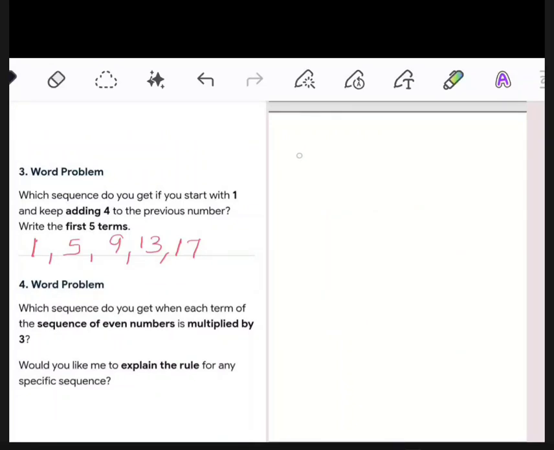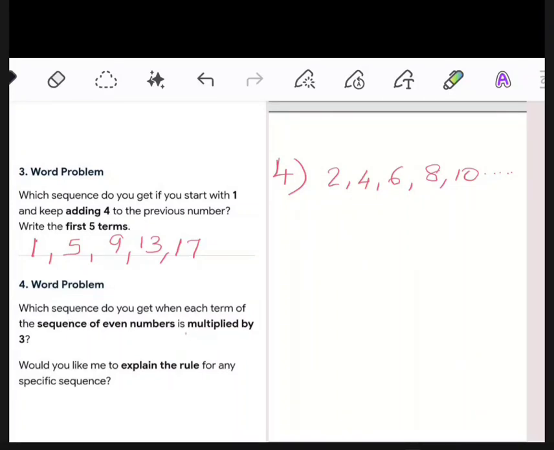Next question. Which sequence do you get when each term of the sequence of even numbers is multiplied by 3? For this question, first identify the sequence of even numbers. So even numbers are 2, 4, 6, 8, 10, etc. Now multiply each term by 3.